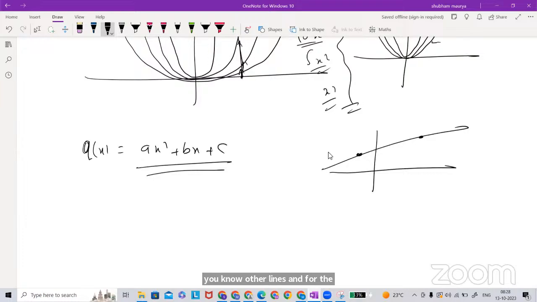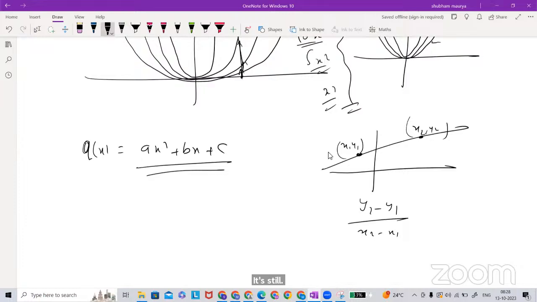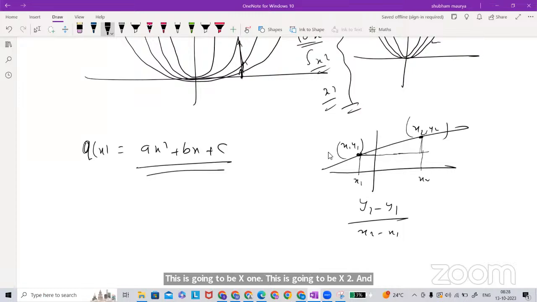Suppose this is the line you have, with one point x1, y1 and another x2, y2. If you calculate the slope, it is going to be y2 minus y1 upon x2 minus x1. What does it mean? Here is the point, this is x1, this is x2, this is your y1 and this is your y2.